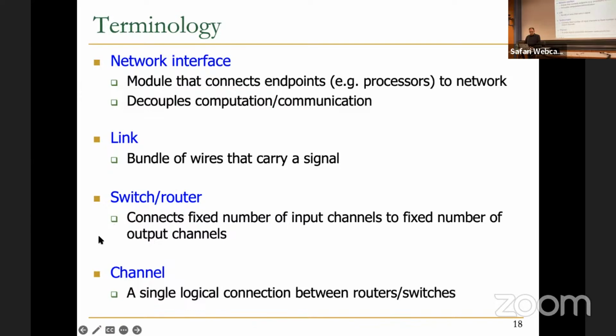Another important topic is switch and router. These two are sometimes used interchangeably, even though in the terminology of an interconnection network, routers are more complex than switches. Switches usually are quite simple. You can consider them only a switch, and somehow you need to reconfigure that switch, the way it connects the input to the output.